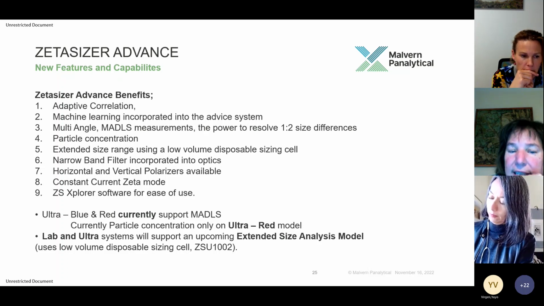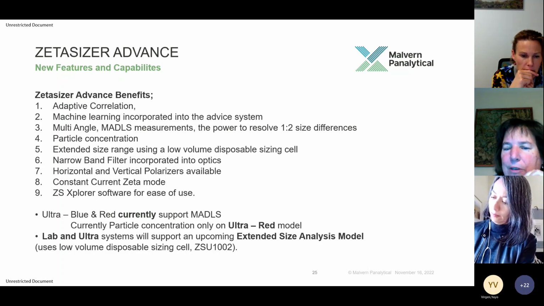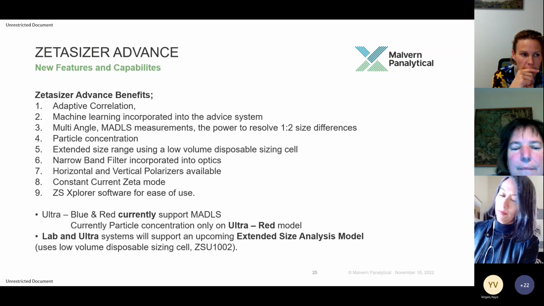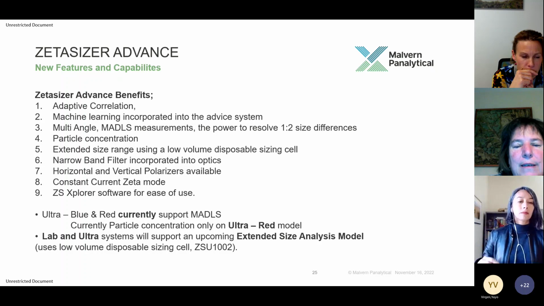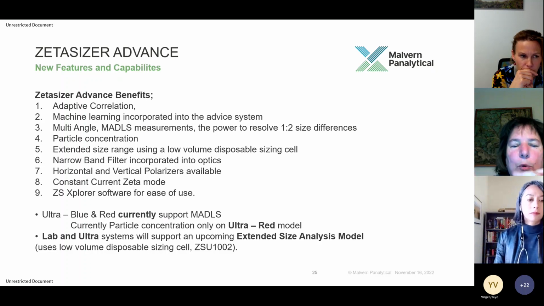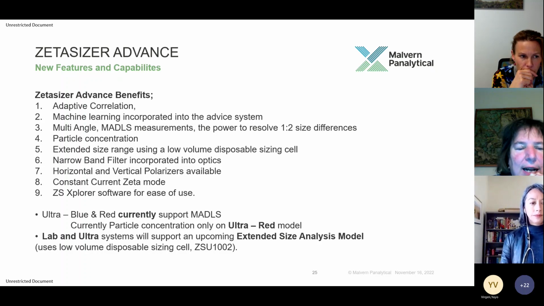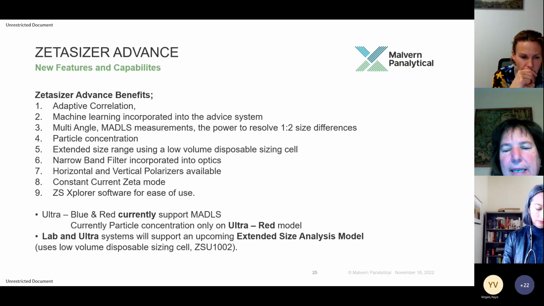There's an extended size range using a low volume disposable sizing cuvette, and that helps the lab instrument give you a greater dynamic range for sizing. There's a narrowband filter incorporated into the optics. If you do have any kind of fluorescence or absorbance, you can just use the software to put in the narrowband filter and remove it.